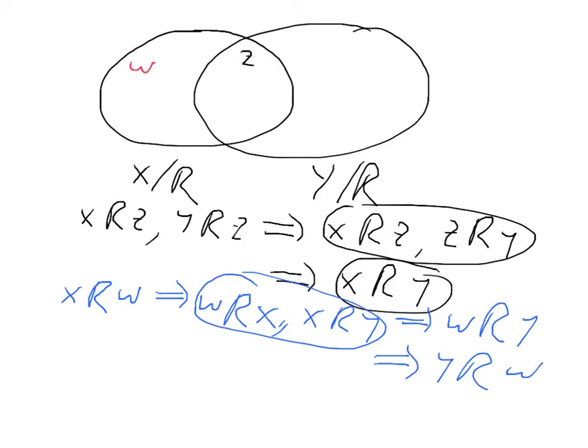This W must be in the intersection. That's really what it's saying. It's in both of them. So that's the idea of the proof.